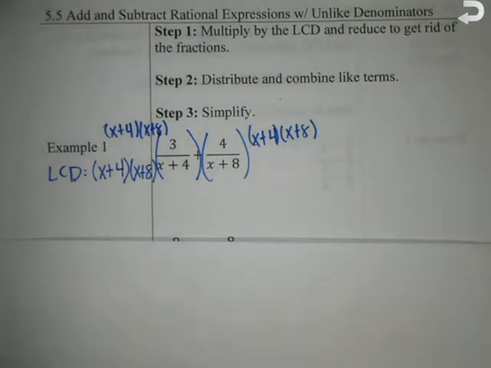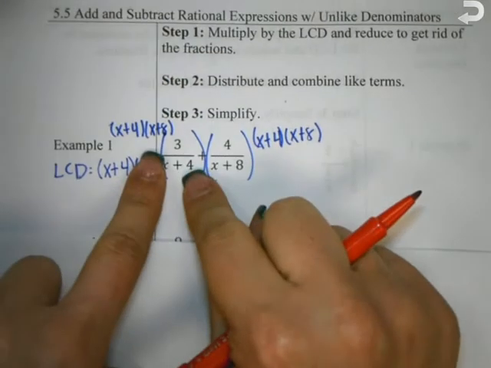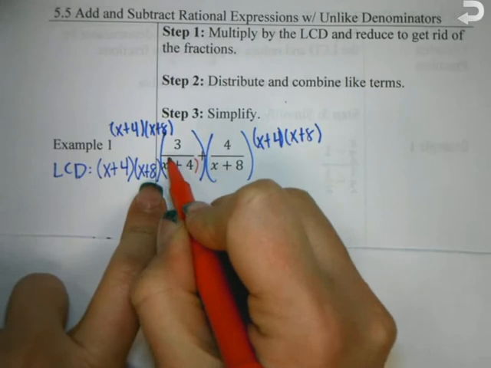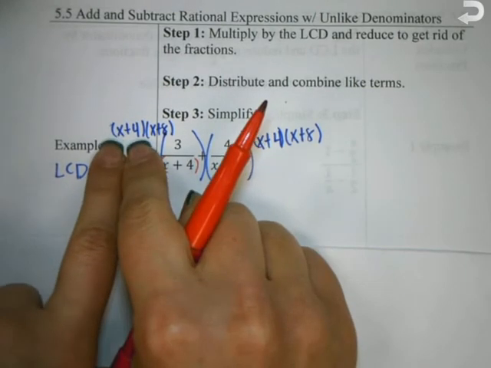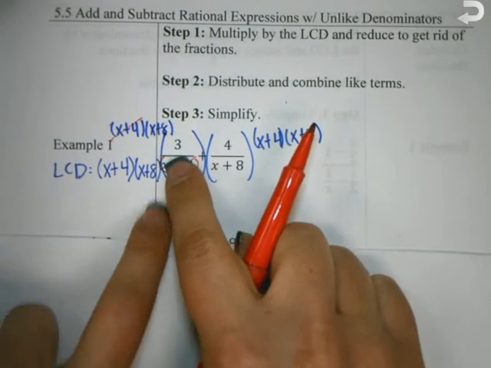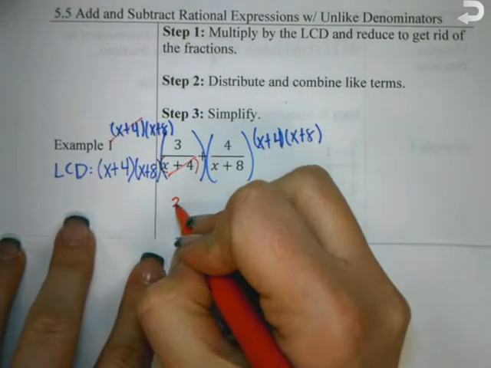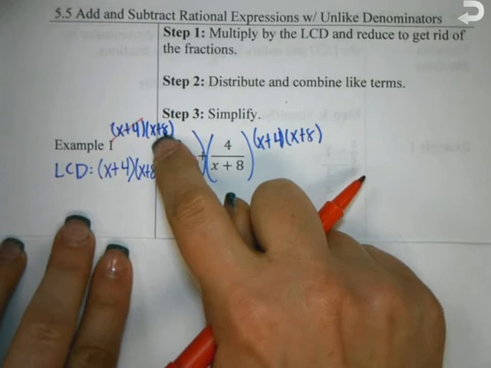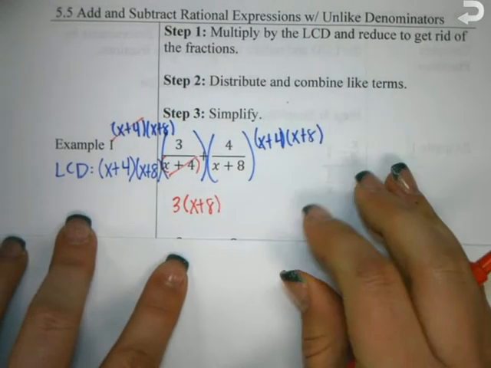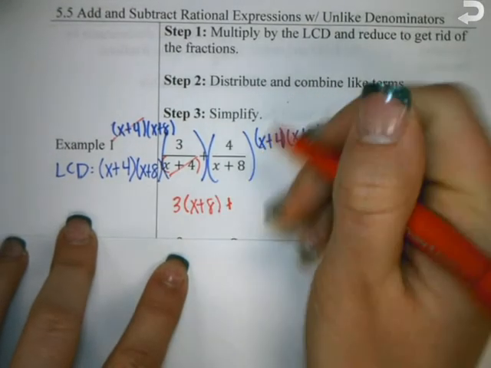In this first fraction, I have an x plus 4 on the bottom and an x plus 4 on the top. So what's going to happen to those? Those are going to cancel. So the left-hand side is going to become 3 times what? X plus 8. Okay, plus, that sign in the middle is plus.